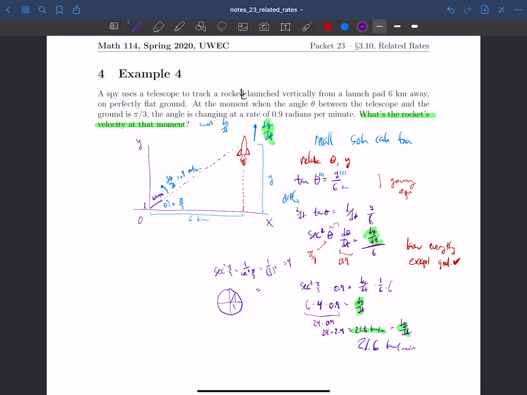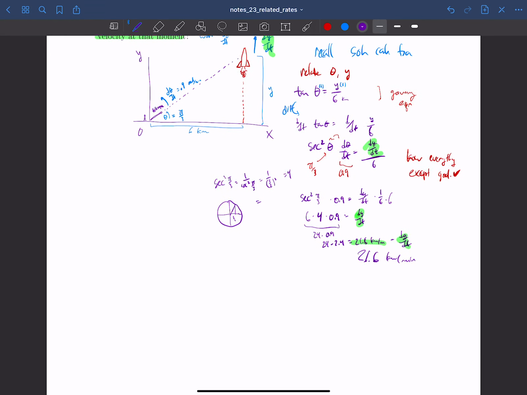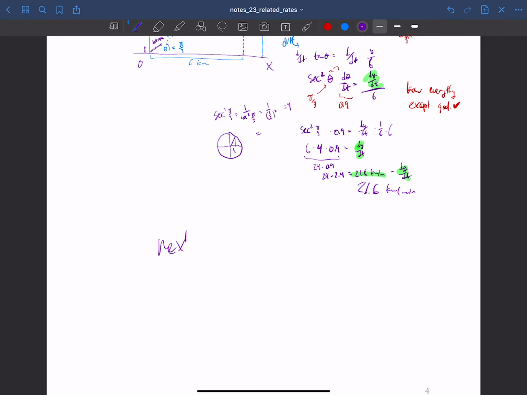So I would encourage you next to try example 3 from our book. That's on page 200.